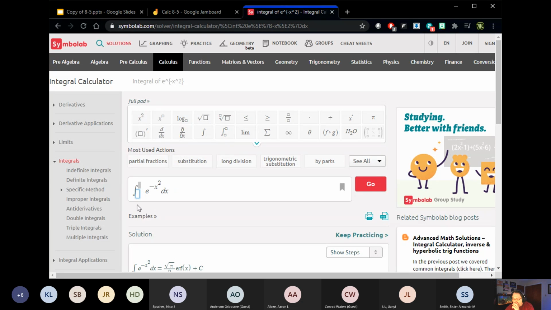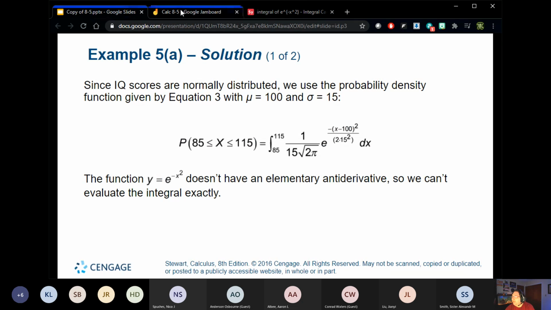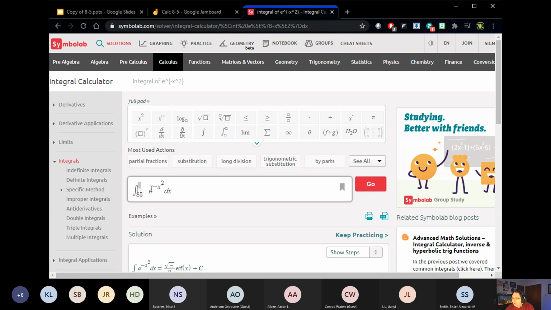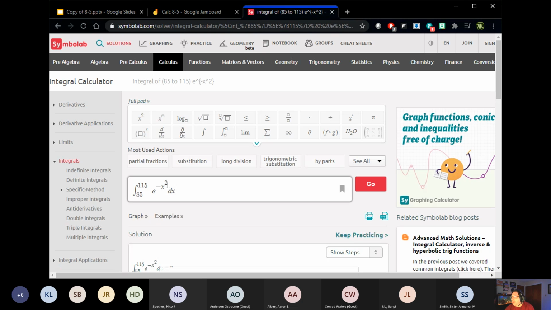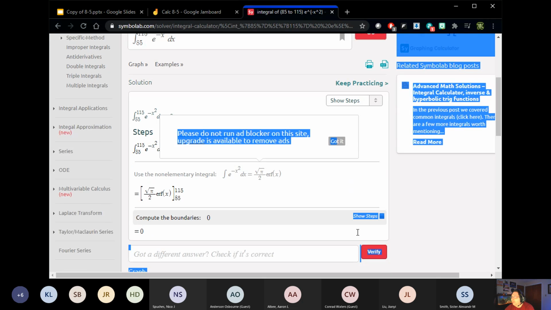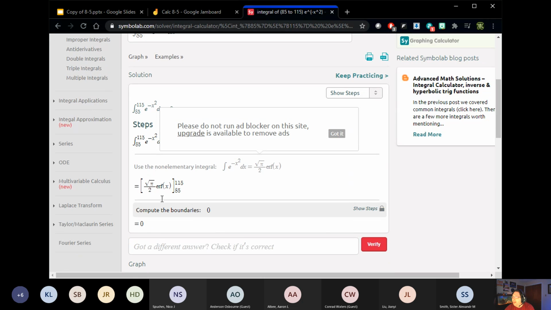So we're doing this one from, where did they do it from? So you actually can plug it in. It'll actually do the calculations out for you.